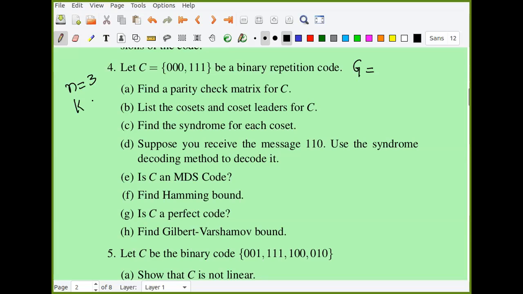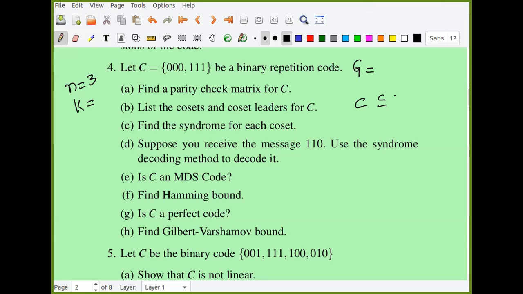What is the k value? 2. Mehak? Okay. C is a subset of what? Suresh, go ahead.